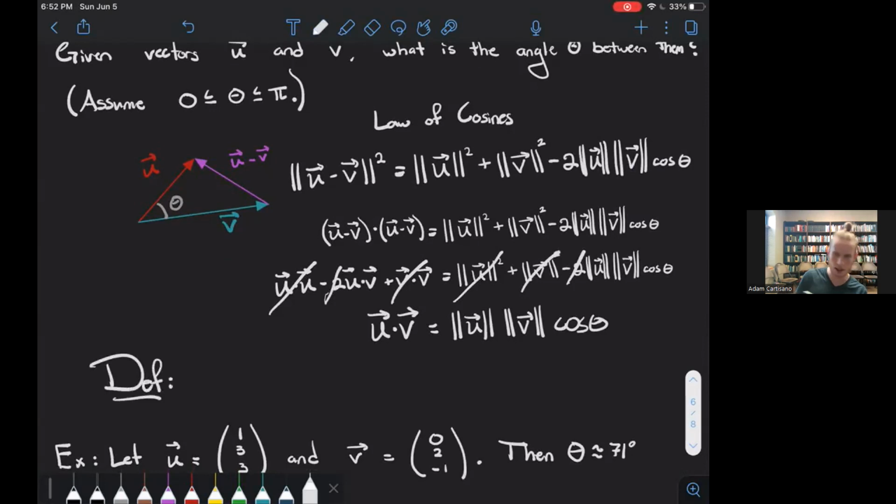This is the definition, I guess, of the angle between two vectors, and it goes like this: cosine theta equals u dot v divided by the norm of u times the norm of v.